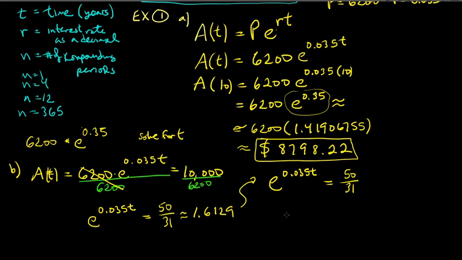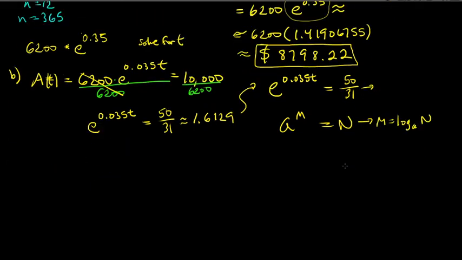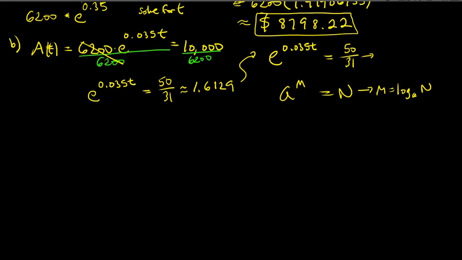So you have your a to the m equals n. Now I think I wrote it backwards, a to the n equals m. I can never remember. No, I think this is right. So you know what to do with that: m is just log base a of n. Convert to a logarithm. Because I'm running out of space here, let me go way down.